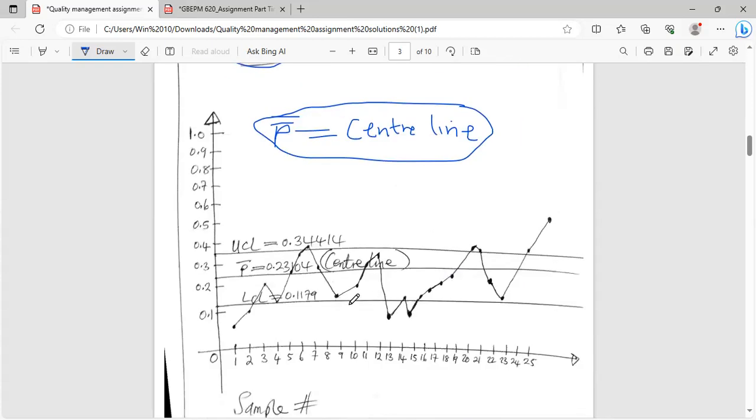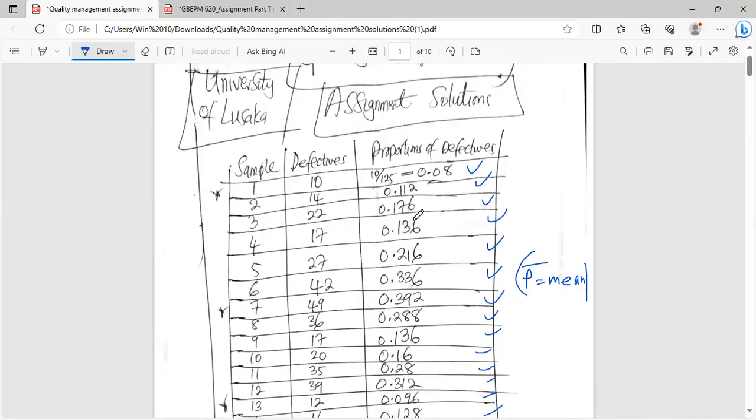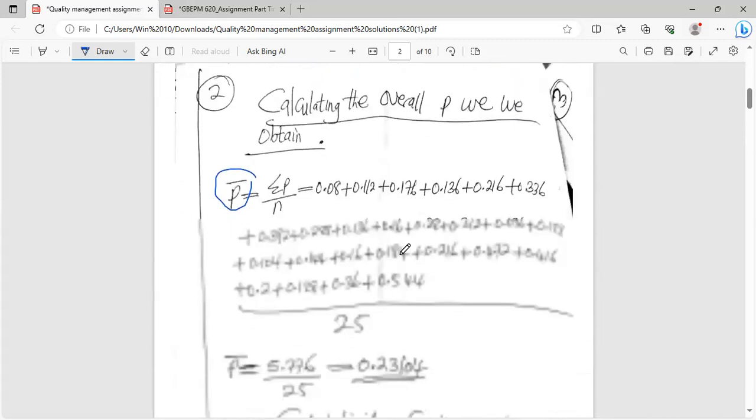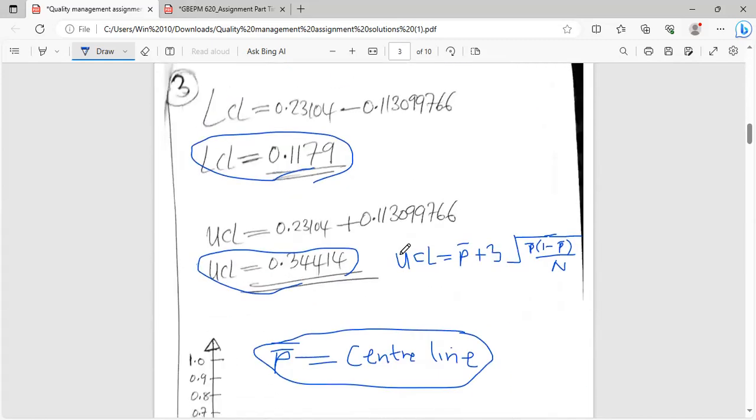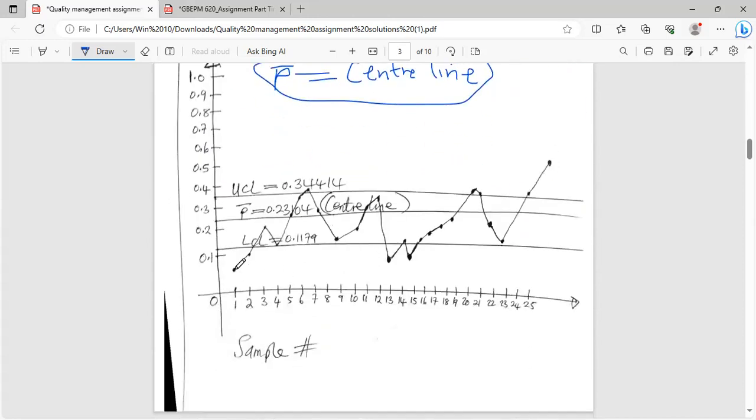Then after graphing using the proportions from the table, we have discovered that the process is not in control because we have values that are outside the boundary. So this one is outside.